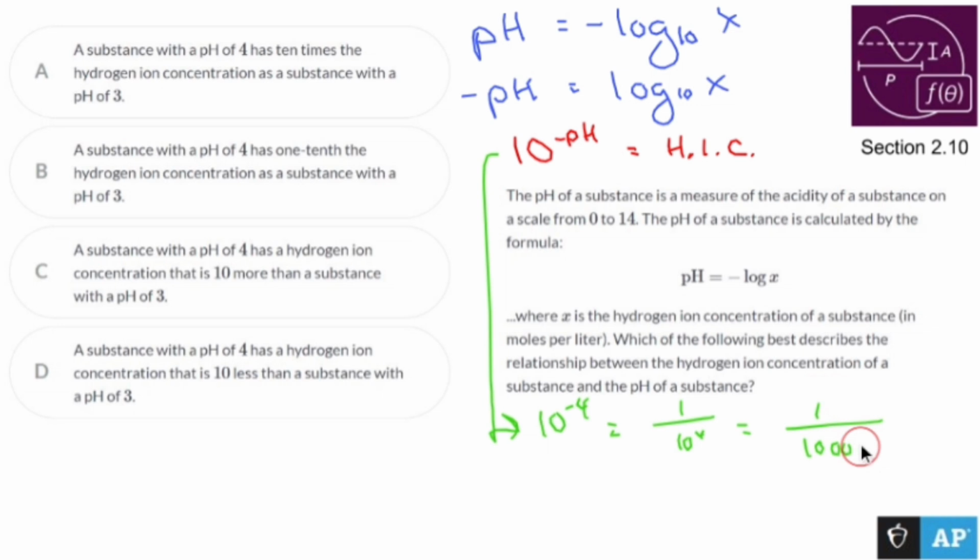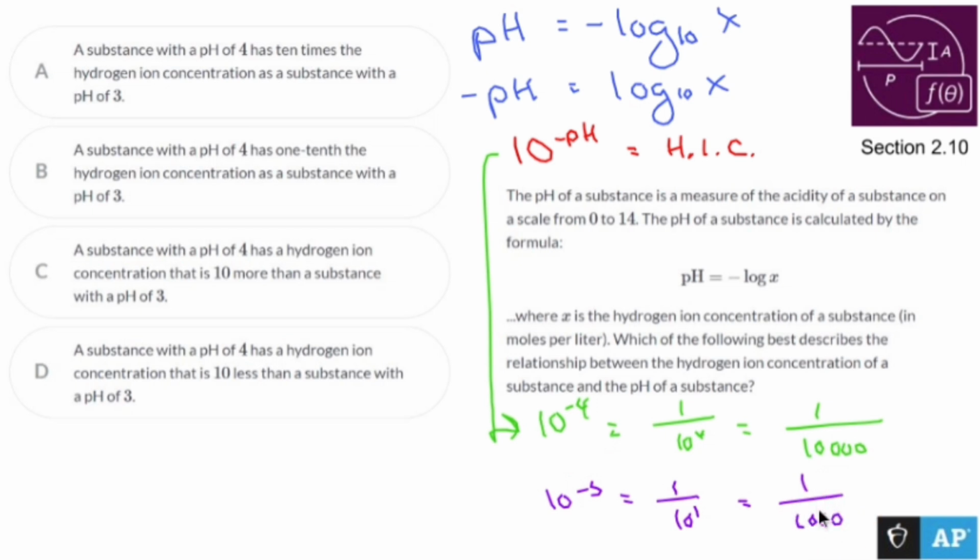Pretty small. If it has a pH of 3, I'm going to have 10 to the negative 3rd, which is 1 over 10 to the regular 3rd, which is 1 over 1,000.